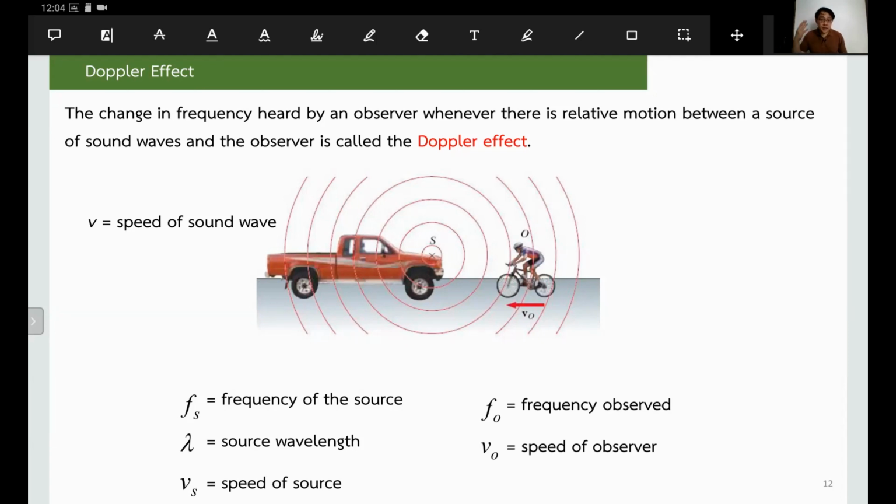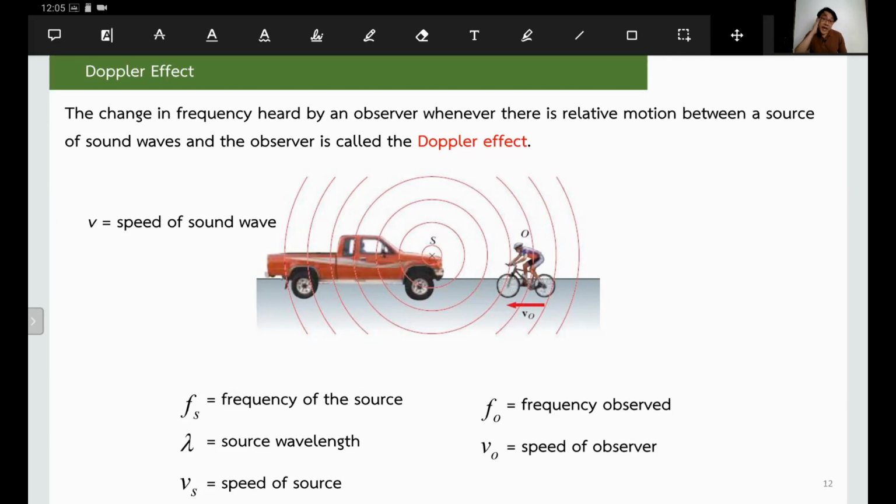But of course, the value of the frequency will change depending on how many hits you receive in your ears per unit time, because the frequency is just the number of cycles of the wave that hits you per second, in the unit of hertz, of course.